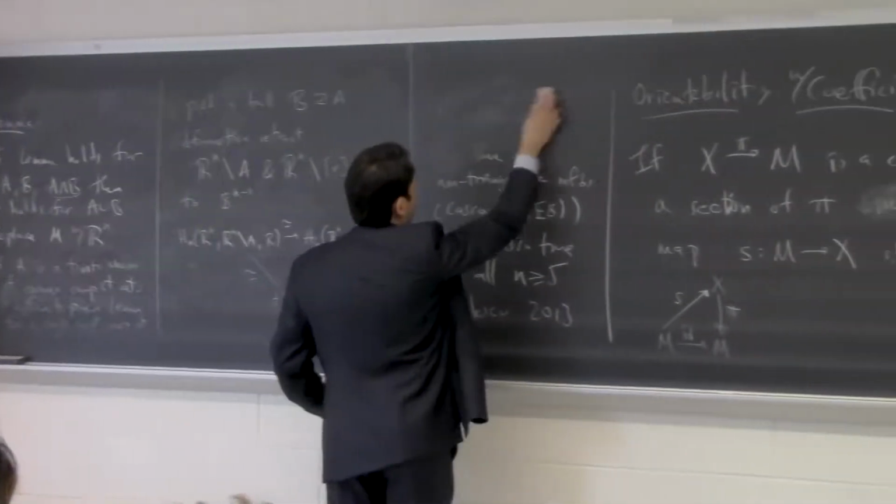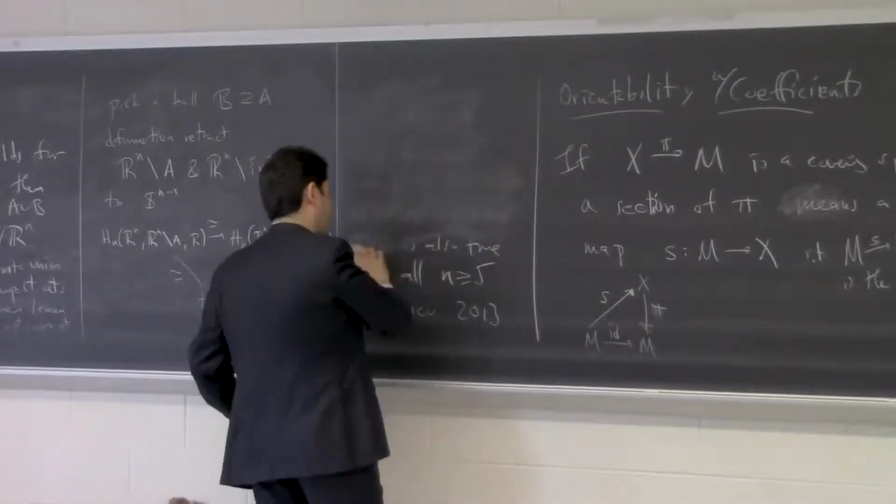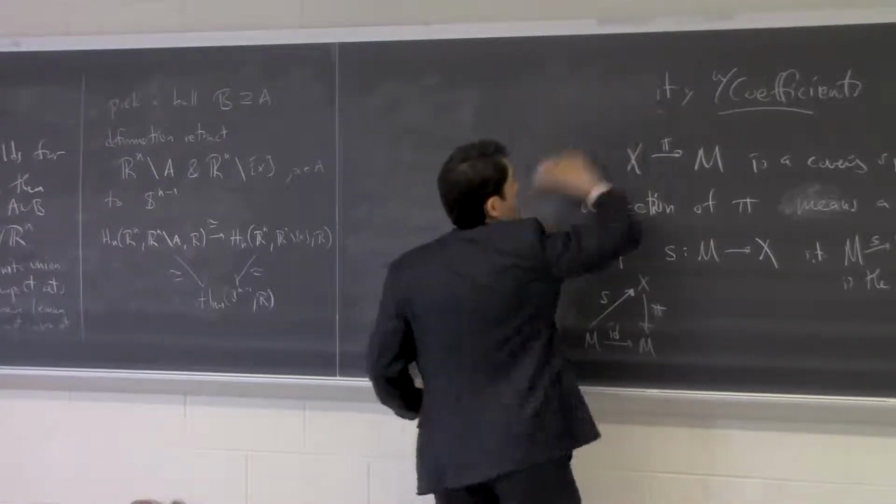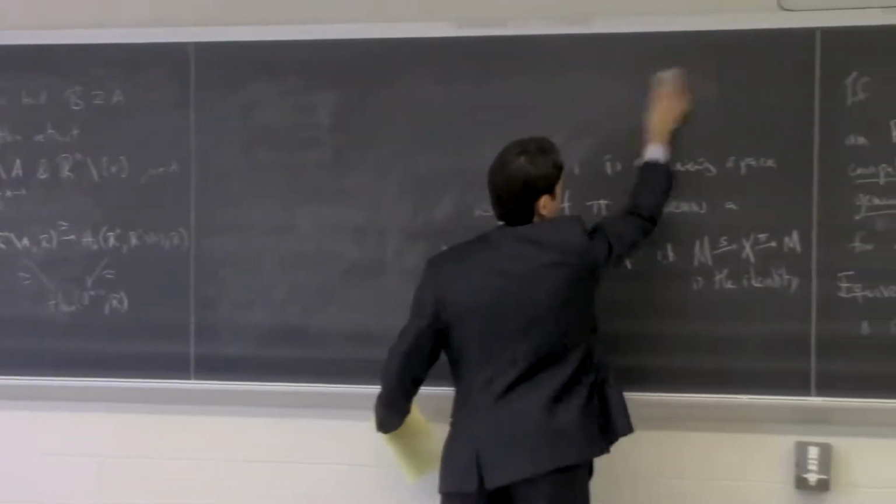So we're fine if our compact set is a finite union of convex compact sets.